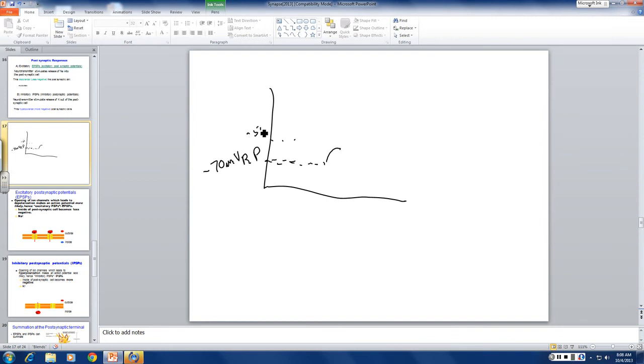And then, boom, sodium goes in through voltage-gated sodium channels, and then they inactivate, and then you open up the voltage-gated potassium channels, and you overshoot and come down like that. And I hope I made that all right. But what gave that? That's what we're going to be talking about.